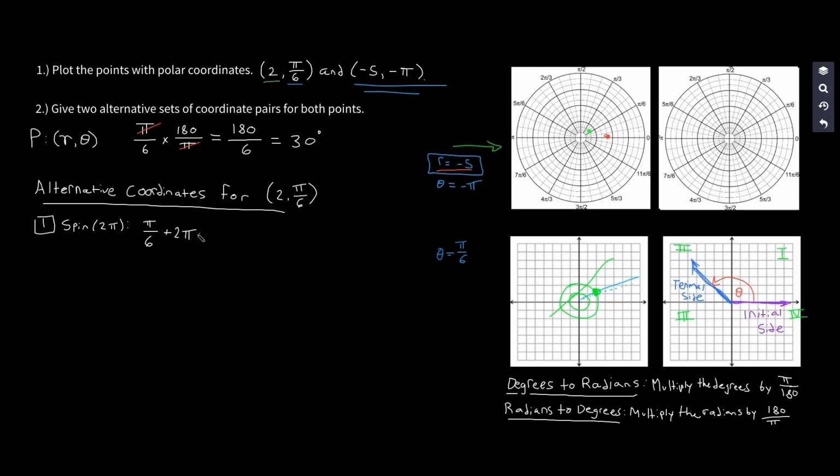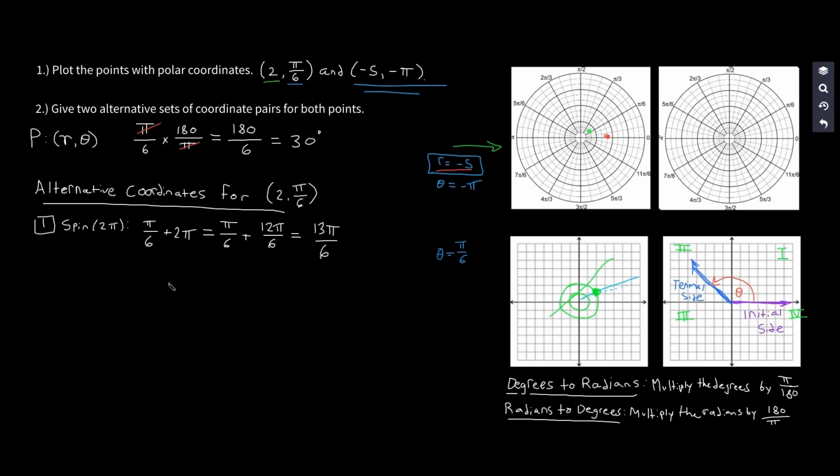That's the same thing as 2 pi over 1. We want a common denominator, so we multiply by 6, so plus 12 pi over 6. That's going to be 13 pi over 6. So this could be another representation for theta, 13 pi over 6.